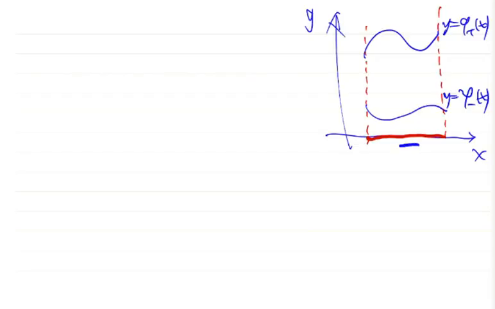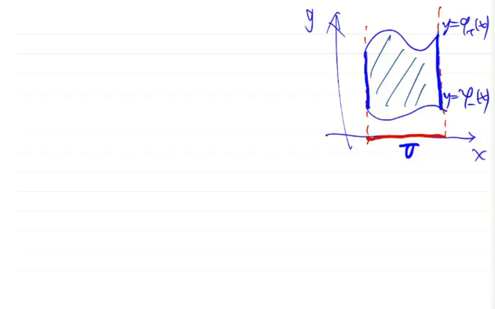In our notation is U. Then the boundary of this domain is bounded by the graph of y equal phi plus x and y equal phi minus x. If phi plus and phi minus are regular enough, for example, they are continuous. Actually, if they are integrable, it's okay. But to simplify our notation and argument, we only consider the case that they are continuous. So this is the so-called Jordan domain. Okay. Of course, this is a two-dimensional example. This idea can be generalized to higher dimensional case.